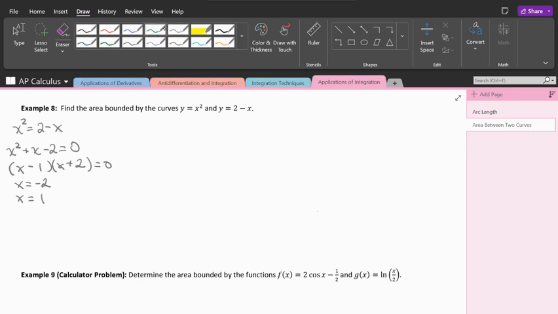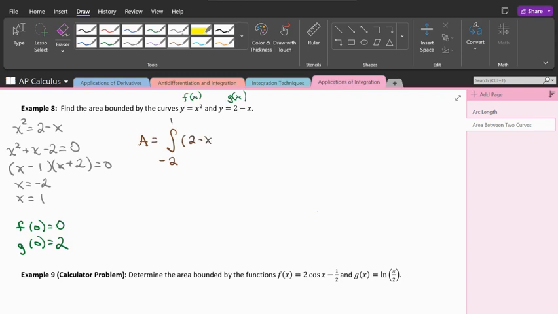So now we need to pick a function value in between those two and determine which function is our upper function. So I'm going to set this one to f of x and this to g of x. And 0 is between negative 2 and 1. So f of 0 is 0. G of 0 is 2, and therefore I know that g of x is the upper function. So we integrate from negative 2 to 1.